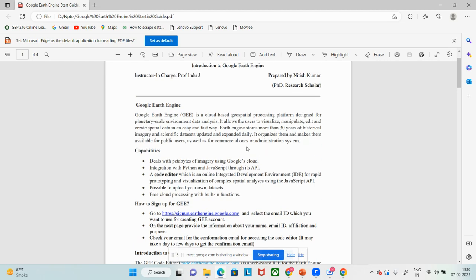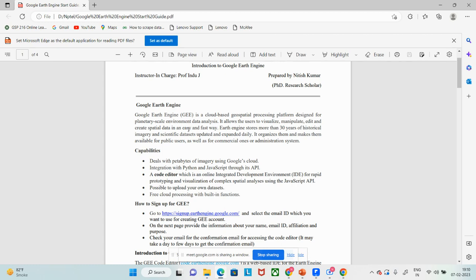In Python we prefer it because we can download our data and use it. But Google Earth Engine has a different advantage: you don't have to download data, you can process your data there itself, so downloading time and other things are saved.